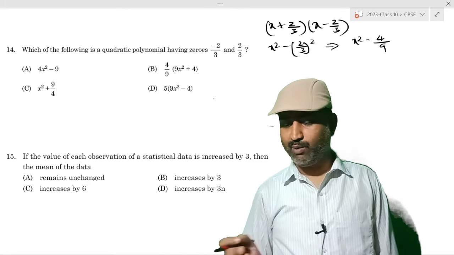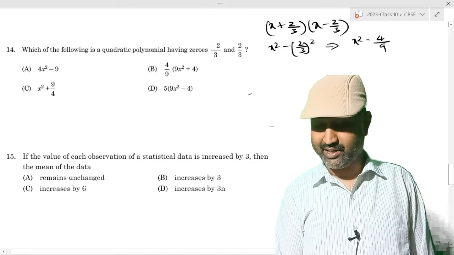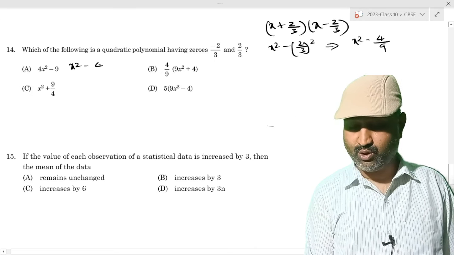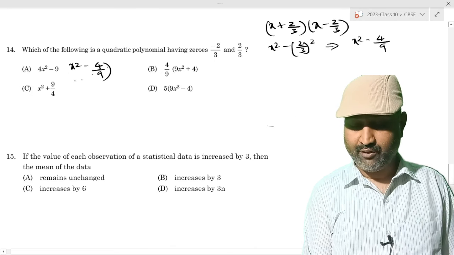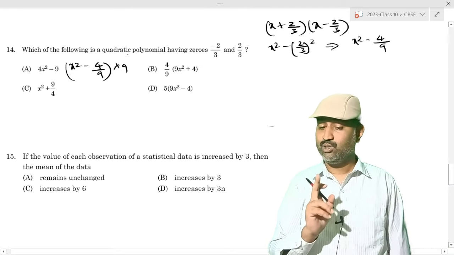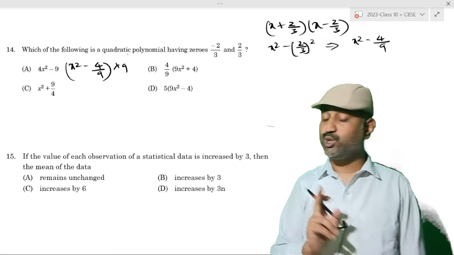Therefore, first I'll try to multiply by 9 here: x square minus 4 by 9. Remember, by multiplying any constant to a polynomial, the zeros won't change.